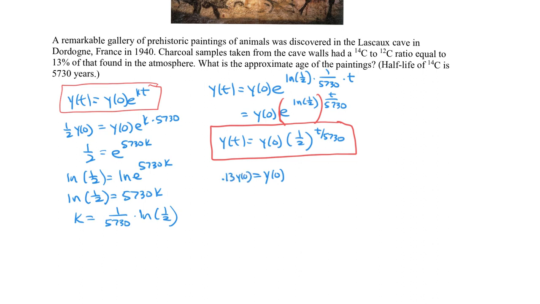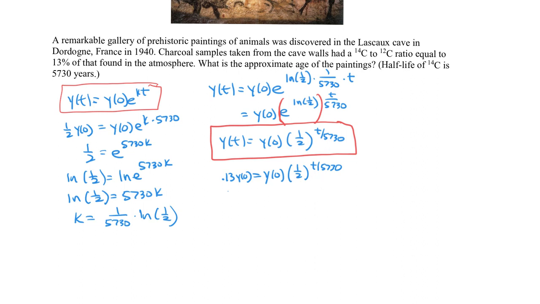Well, isn't 13% of a number just 0.13 times a number? So here's our initial amount. Now there's 13% of that left. And I can plug in all the rest. So I've got 0.13 times y of 0 equals y of 0 times this.